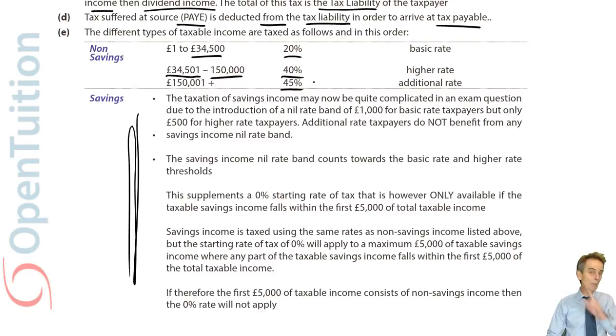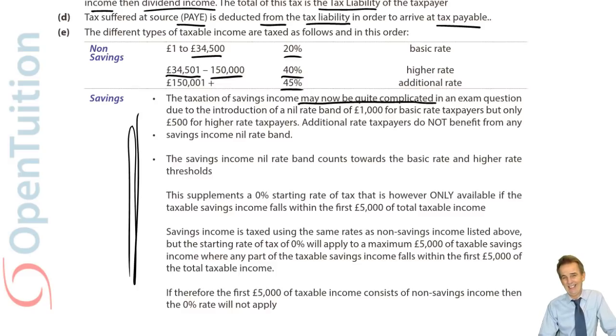Now then, the problem with savings income, it says here, may now be quite complicated. Well, that's a bit of a subjective term, isn't it? But there's been a few changes in recent years, not that you need to know when they occurred, they're all applicable now, that have made what used to be historically a fairly straightforward and simple calculation into a more interesting one when it comes to dealing with savings income.